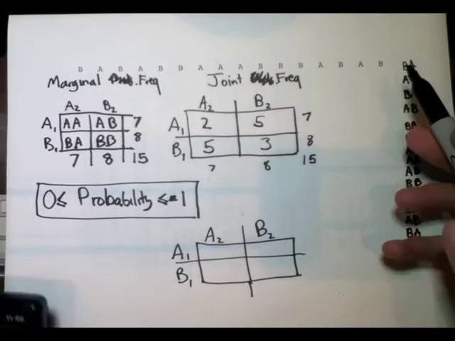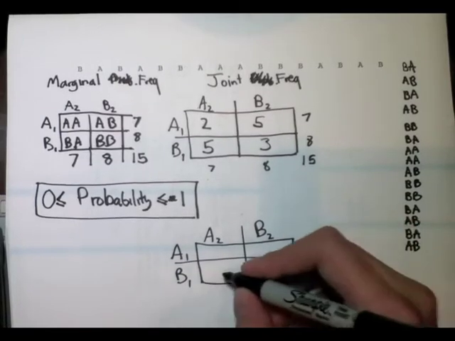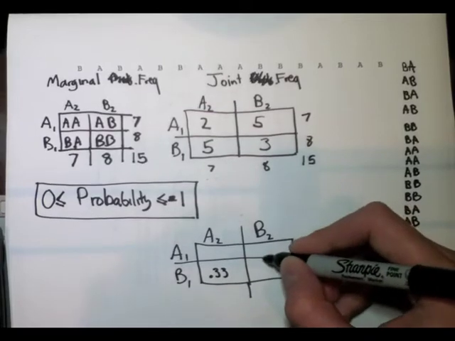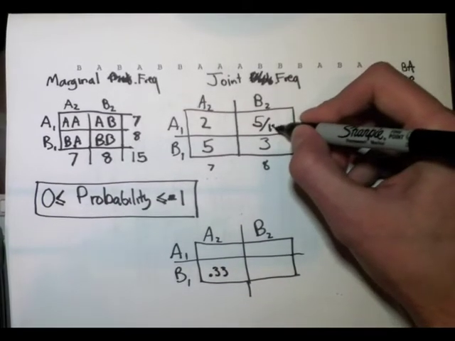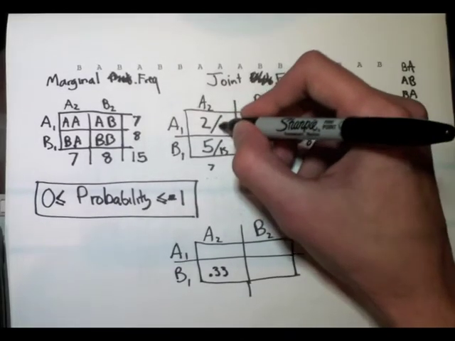Let's do the math. Well, the 5/15 are easy. Those are both 0.33, right? Because these are like 5 out of 15, 3 out of 15, 5 out of 15, 2 out of 15.